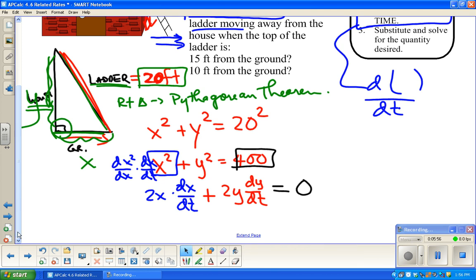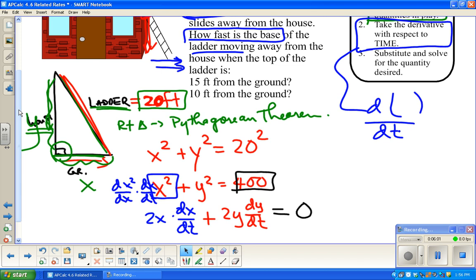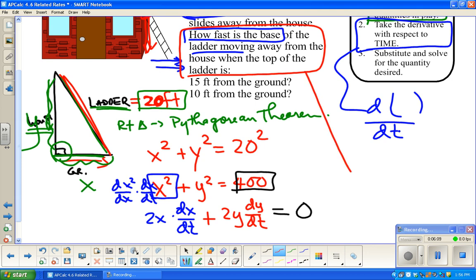Okay. Now, this question is asking, how fast is the base of the ladder moving away from the house? So they want to know the velocity here.